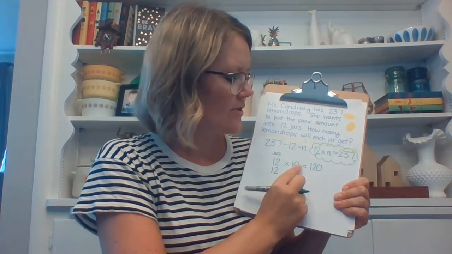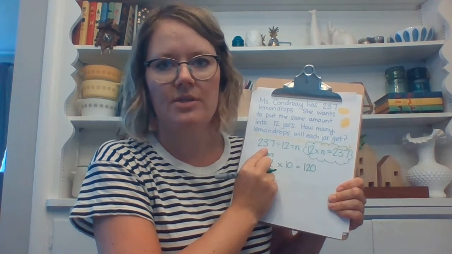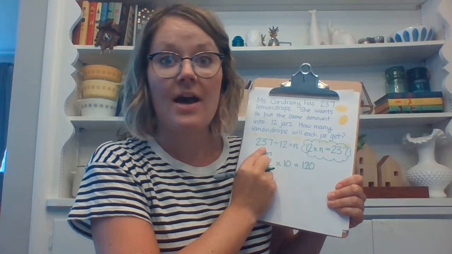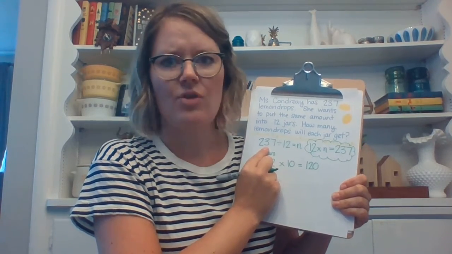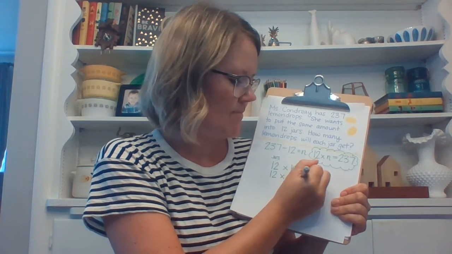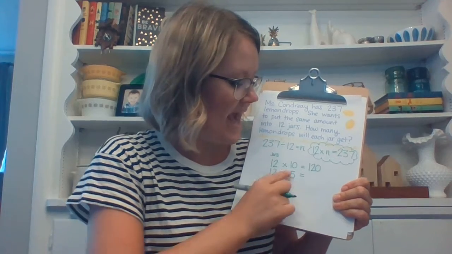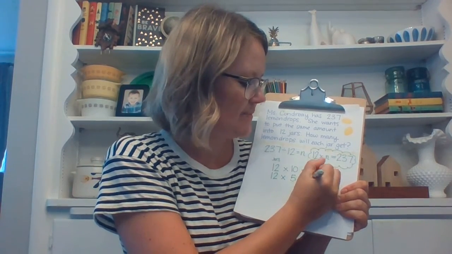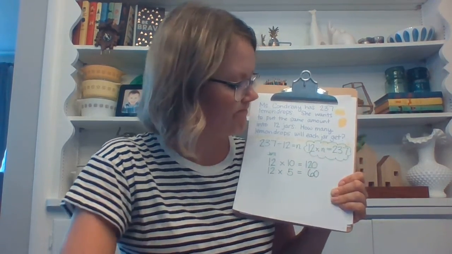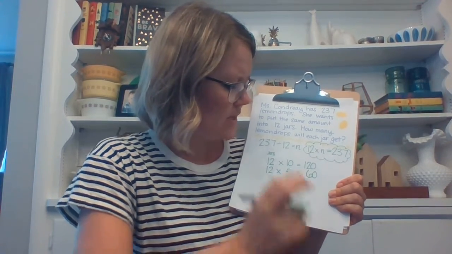I don't think I can do another 10 because that would get me to 240, and we only have 237. So I'm going to try 5 more lemon drops per jar. If I put 5 more lemon drops per jar, that would be half the amount, so that would be 60. Now I'm at 180. I still have some more to go.